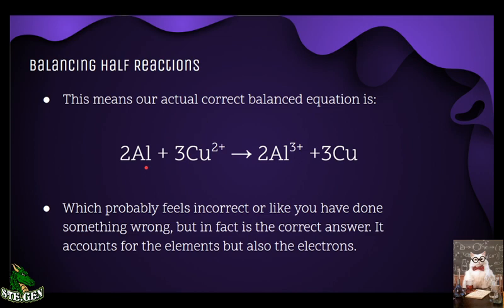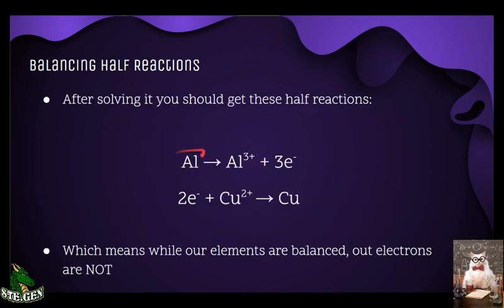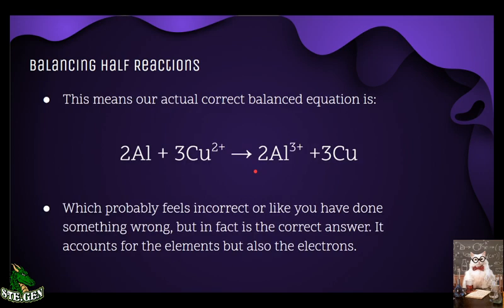If I multiply this by 2, I will have 6 electrons, and if I multiply this by 3, I will have 6 electrons, and my electrons will be balanced, and we will get 2 aluminums plus 3 Cu2+ gives 2 Al3+ plus 3 coppers, which probably feels kind of incorrect. Obviously we can't reduce all of these numbers, but it's just Al and Cu. Why do we need 2s and 3s? Now we know we need 2s and 3s because we need our electrons to balance.